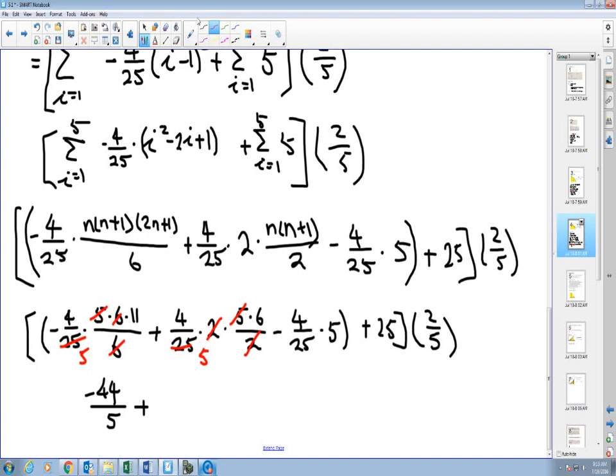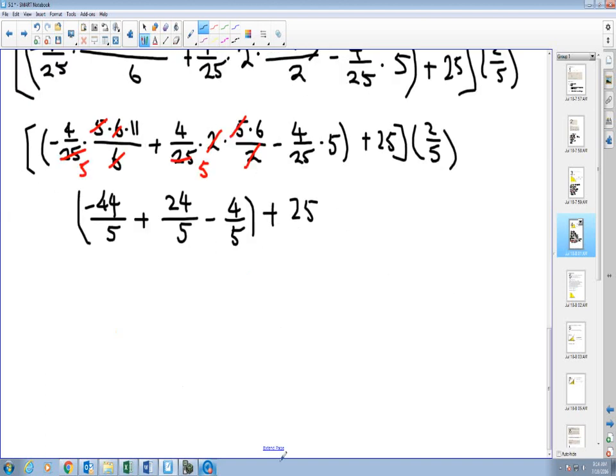So that's 4 times 6, 24 over 5 minus 4/5, I believe. Okay, these two can be reduced, and these will then add on to that 25 and then get multiplied by the 2/5 at the very end.